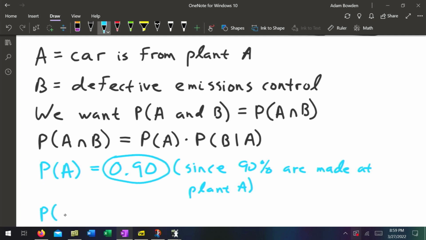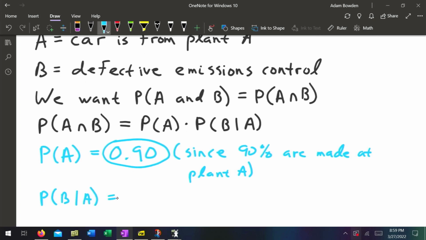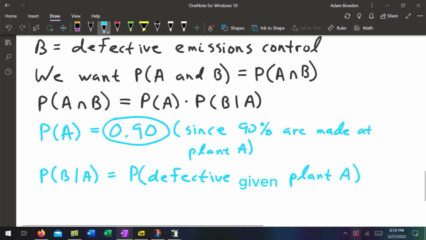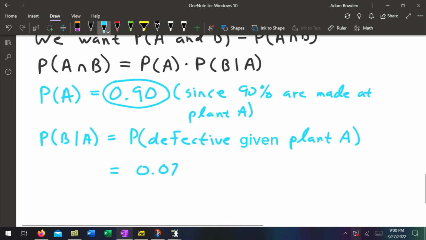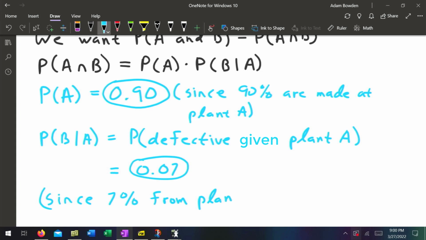And the probability of B given A is the same thing as saying the probability of having a defective emissions control device given it is from plant A, which we can say is equal to 0.07, since 7% from plant A have the defective part.